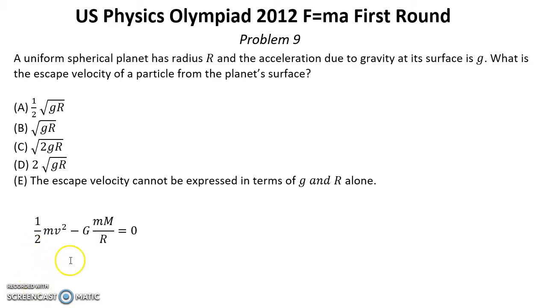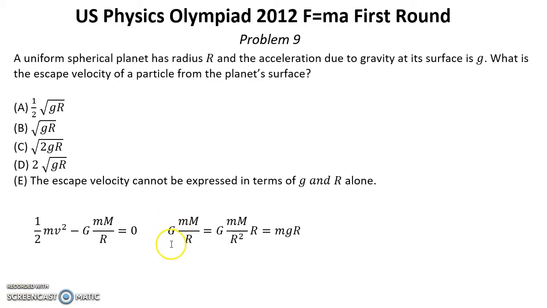Right on the surface of this planet we have total energy equal to kinetic energy plus potential energy, which is negative GMm over r, where r is the radius of this planet. Let's express this through g.